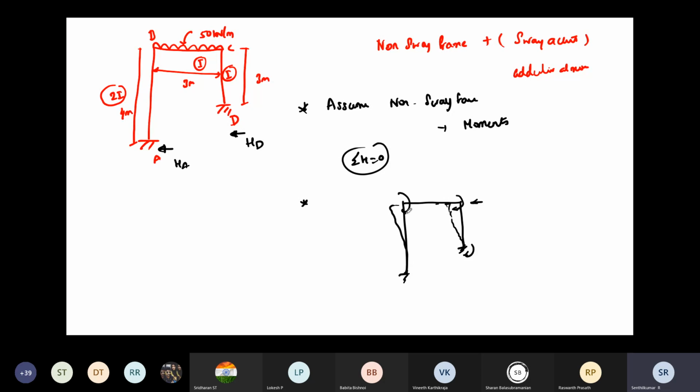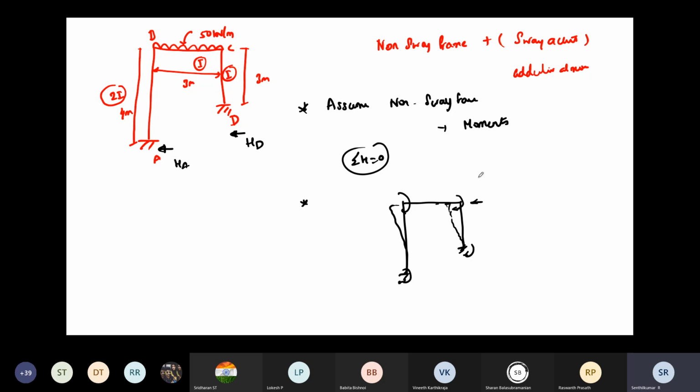Everything is clockwise, 6EI delta by L square will create it. Just assume we don't know the sway direction, and we don't know how much horizontal force is going to act. We don't know what the delta is or what the direction is. Everything we don't know. So we are assuming that because of the sway, we are getting 6EI delta by L square in these drawings. Everything is clockwise, just assume.